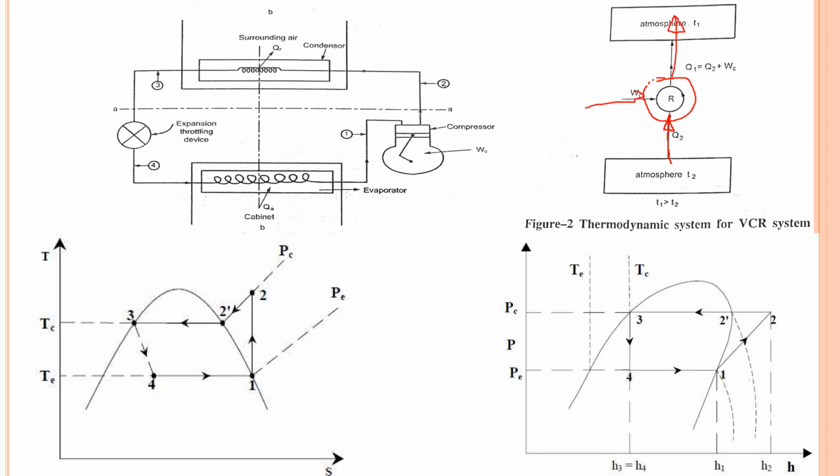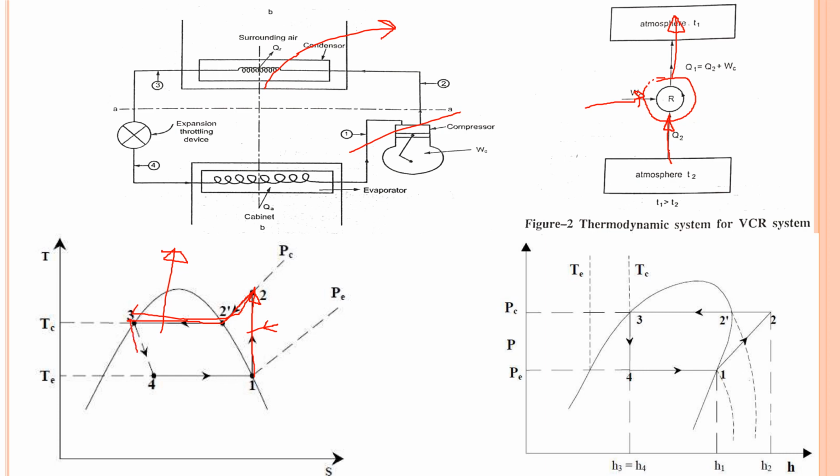For that we have to supply compression work. So the 1 to 2 process is a compression process that takes place in the compressor. 2 to 3 is the heat rejection process. Here compression work is supplied. So 2 to 3 takes place in the condenser where heat is rejected.